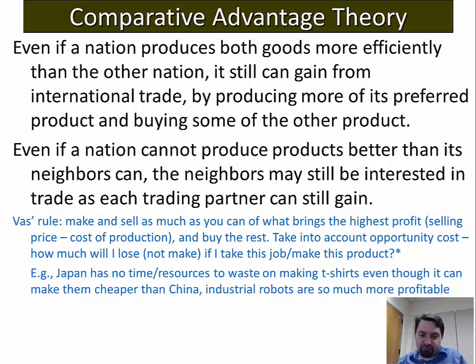So basically, the prescription: find what's most profitable for you, make that stuff, buy everything else. And if you happen to be not best at anything, no big deal. There are many products that many countries would be happy to outsource to you, just because they can make somewhat more money on other products.